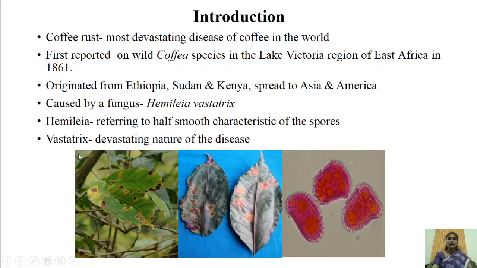Here we can observe the symptoms of coffee infected by the pathogen Hemileia vastatrix. Later, as a result of severe infection, the leaves are going to fall off. These are the spores of the fungus Hemileia, which are half-moon shaped and smooth walled, hence the name Hemileia, and it is going to cause a devastating loss, hence the name vastatrix. The name has been derived from this.